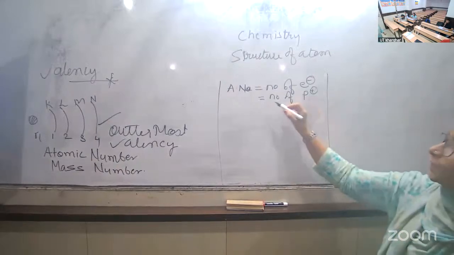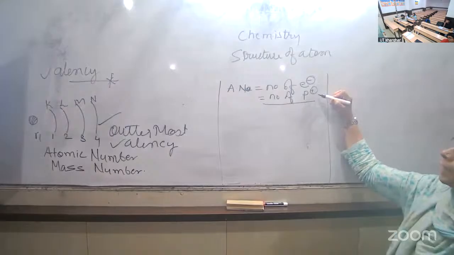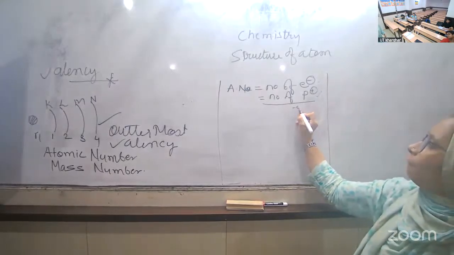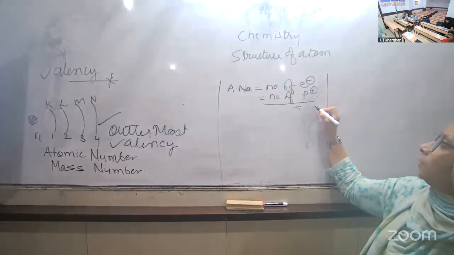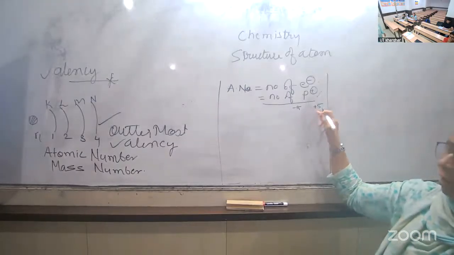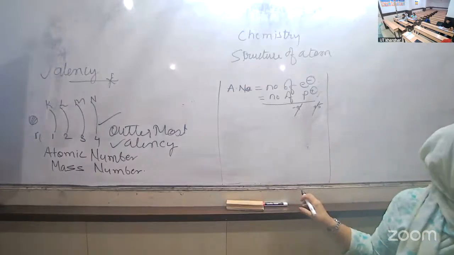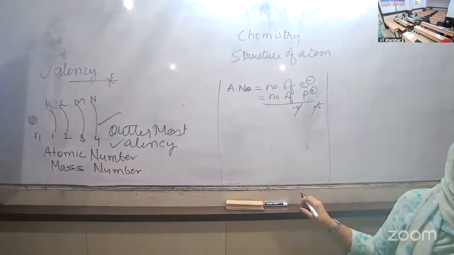Now, if you see carefully, number of electron, it is equal to number of proton. For example, if you have 5 electrons with negative sign I have written, and protons, it is again positive 5. Then at the end, this will get cancelled. Charges get neutralized. Okay, and our atom, it is a neutral atom.